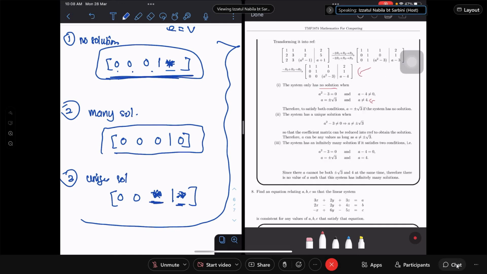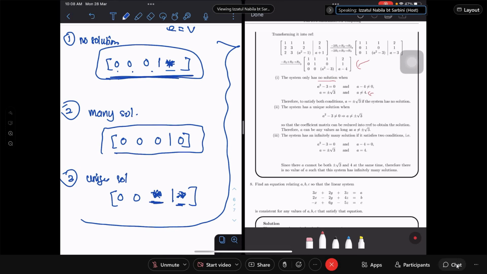Okay. And for number 2, for unique solutions, it cannot be equal to 0. This cannot be 0, and this cannot be 0, and this also cannot be 0. So you just put a squared minus 3 cannot be 0, so a cannot be plus minus root 3, and as long as a is not equal to 4, then it will be okay.